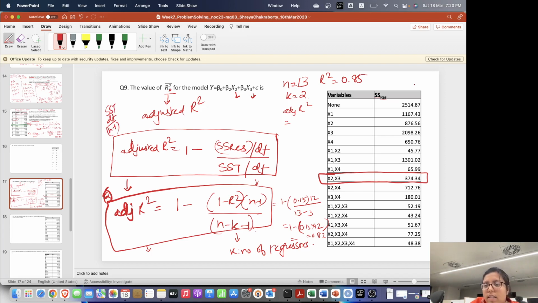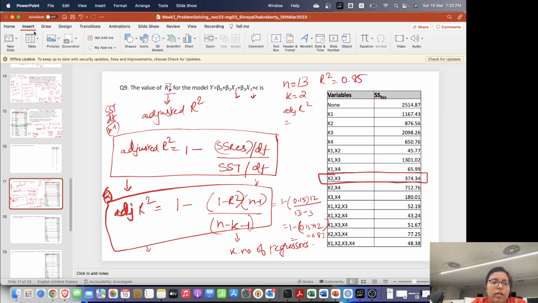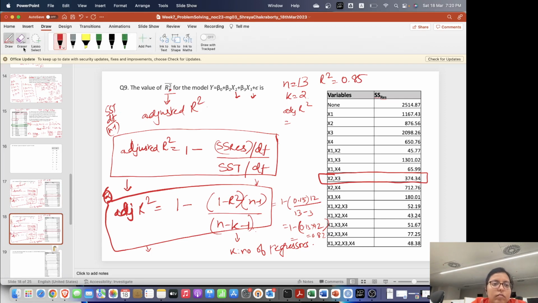Total sum of squares is this thing, 2514. I'll just copy it so that it's easier. So using the second formula we have calculated, it is coming out to be 0.82.